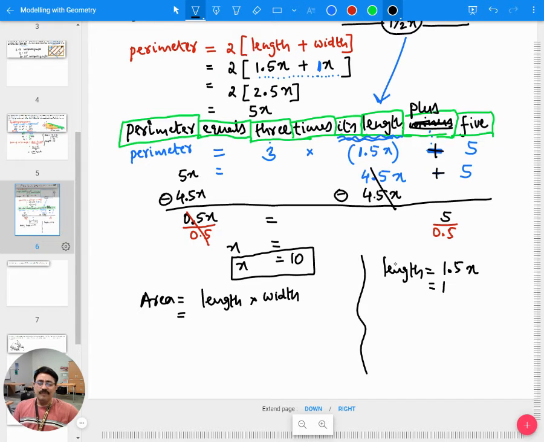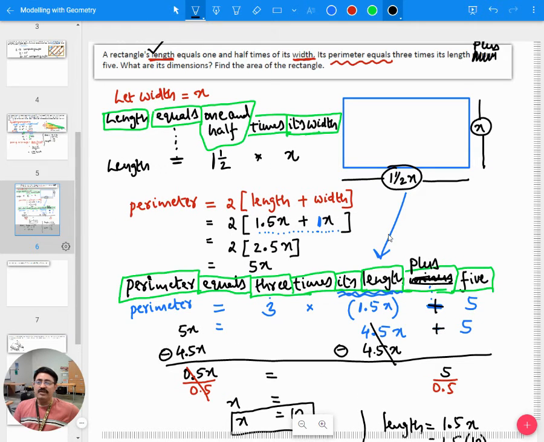You know the value of x is 10, which we just got. When you compute, you'll get 15. And width, you know that it is x, which is 10 units. Now let's plug in those values: 15 times 10 equals 150 square units.